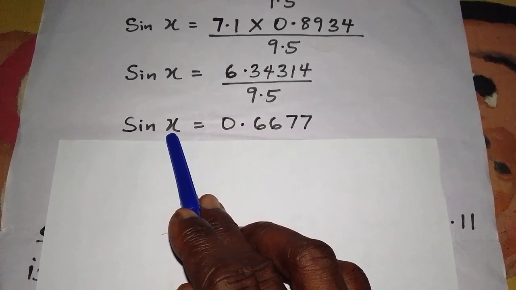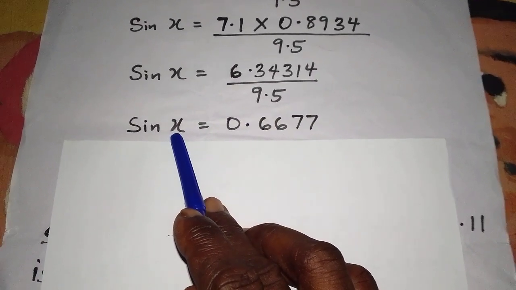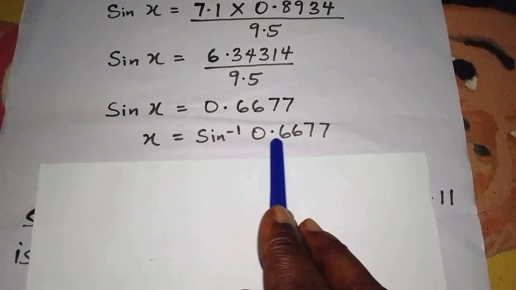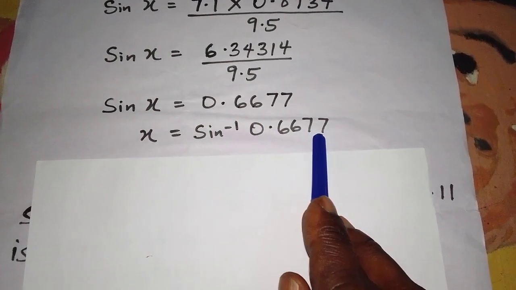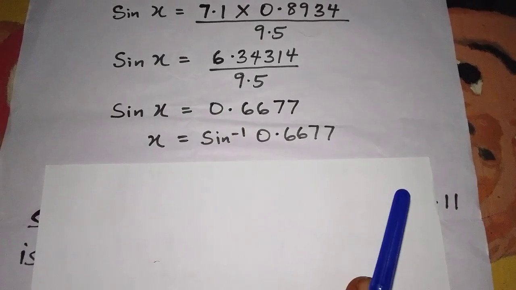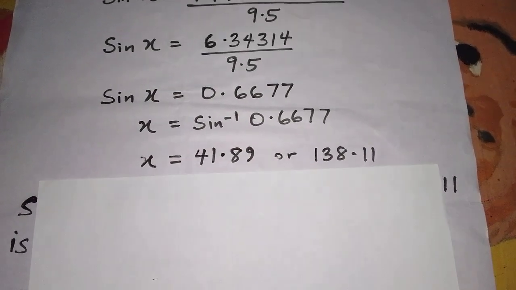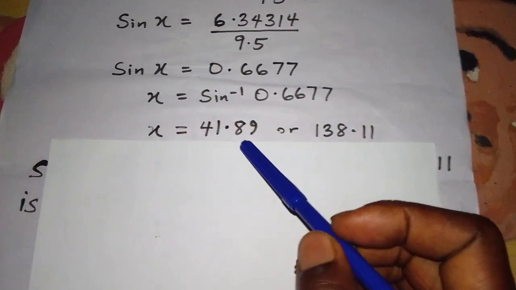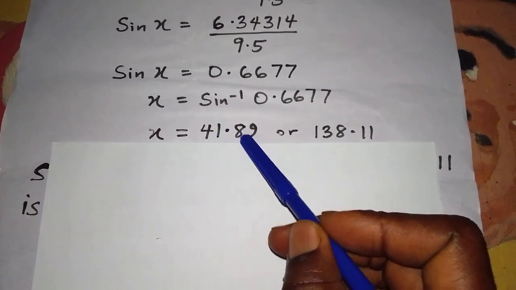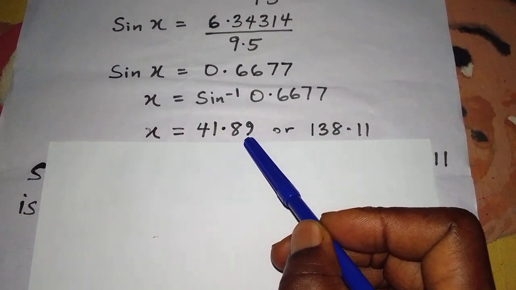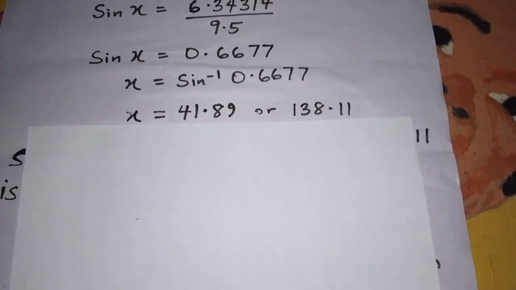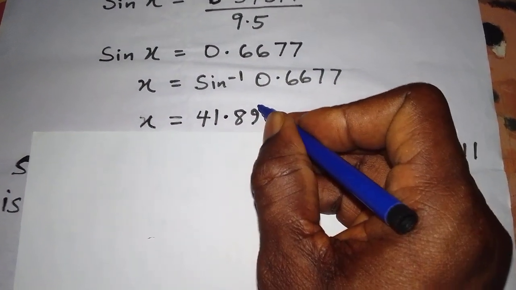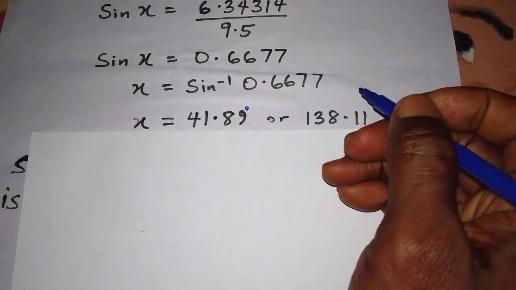So we are looking for x, not sine x. Because of that, you look for the arc sine of 0.6677. The arc sine of 0.6677 is 41.89 degrees. This is in the first quadrant. So now you need to look for the equivalent of 41.89 degrees in the second quadrant.